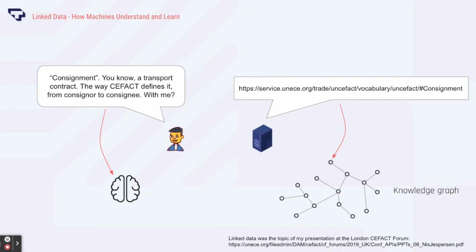In terms of storing semantics, humans obviously store data in brains, and machines store them in knowledge graphs. I'm not going to go much deeper because I've already done a presentation of this in a previous CEFACT forum, so I'll refer to that.